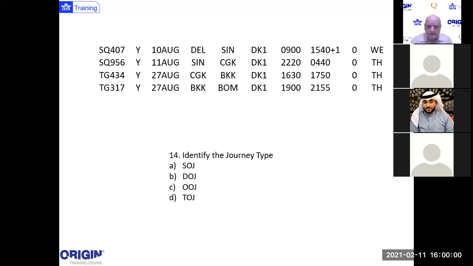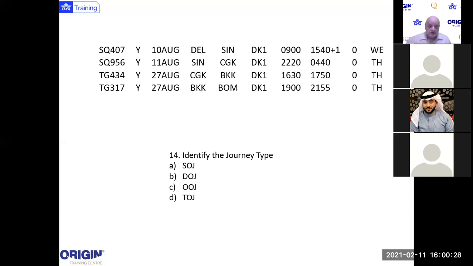I start in Delhi, India, yes? Where do I finish? Mumbai. So it's almost a return, but there's no flight from Mumbai back to Delhi. So this is obviously an open jaw.